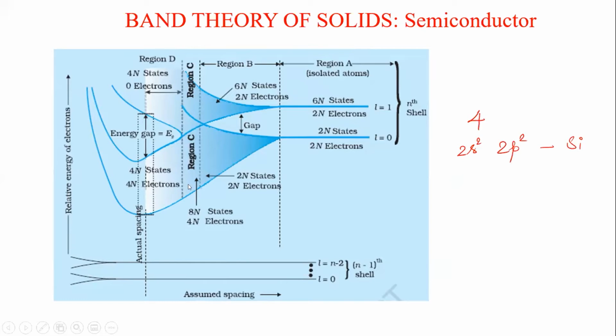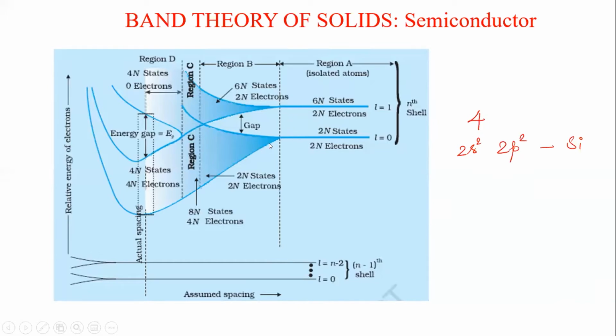So if you see here, when they are isolated, if you take 2 atoms, then there are 8. In the 1s2 there will be 2 electrons, and in the 2p there have to be 6 electrons. Whether occupied or not, there will be energy levels. So there will be 6 energy levels. This is given in the book as 6N states, where N stands for the number of atoms.